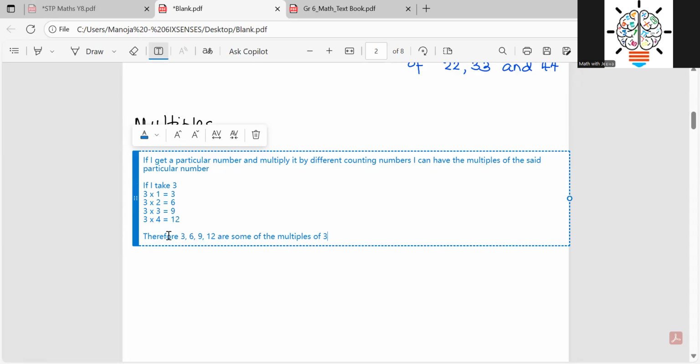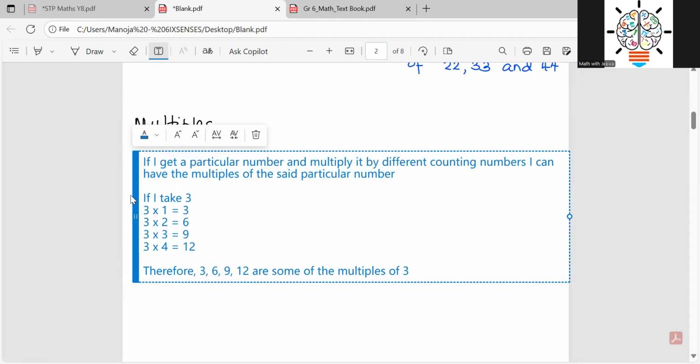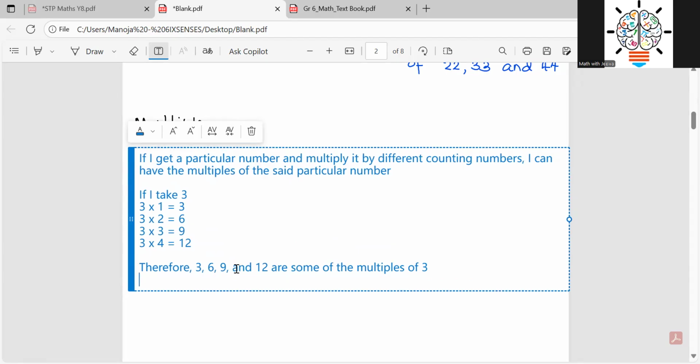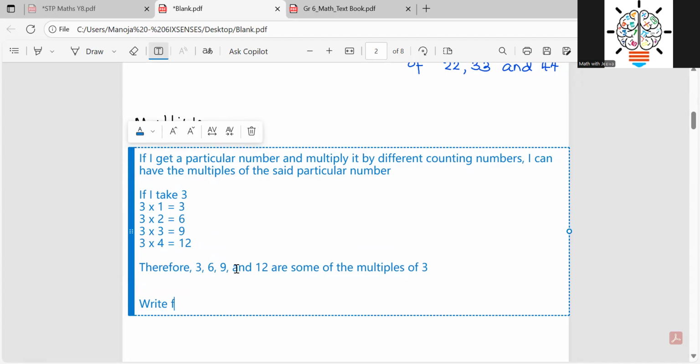By any chance, if they have given a question like this, children, wait, I'll make it bigger so you can read it carefully. Let's say they have asked you the question, write the first 3 multiples of 5.